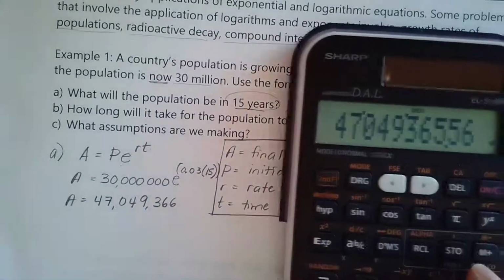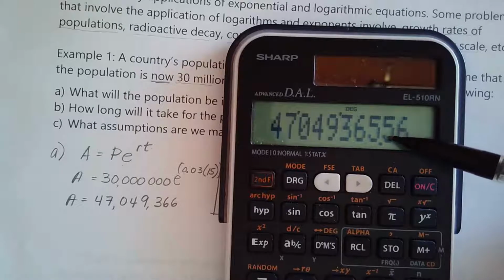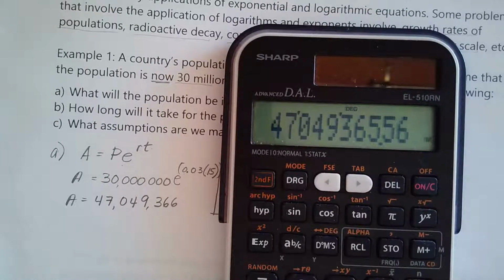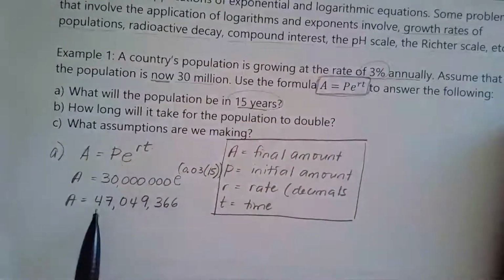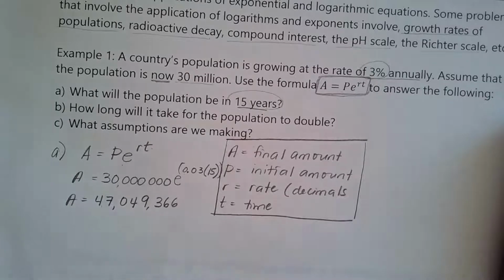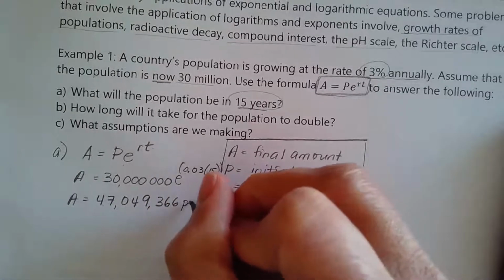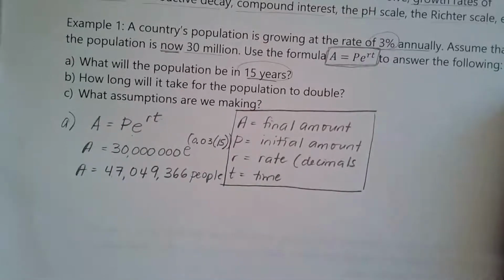We would have to round this off accordingly because we can't have a decimal number of people. So that's not so bad.